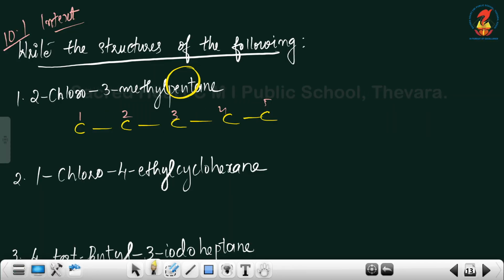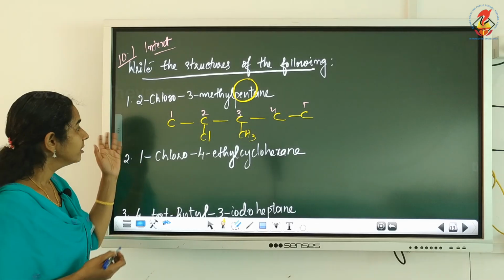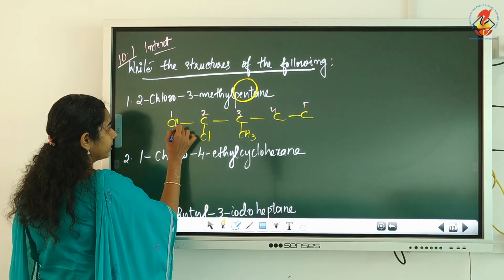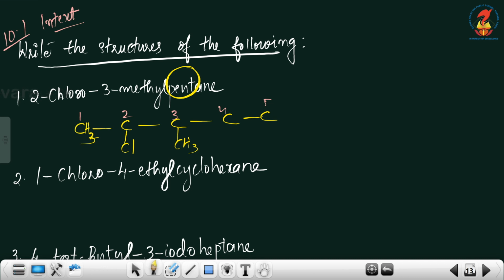Then write the prefixes. 2-chloro means on second carbon there is one chlorine. 3-methyl means on third carbon there is a methyl group. There is nothing else to write. So add hydrogen atoms to satisfy the remaining valency. So first carbon CH3, then CH, CH, CH2, CH3.